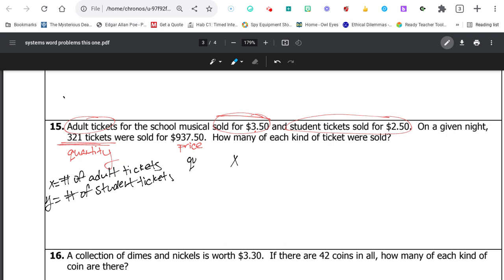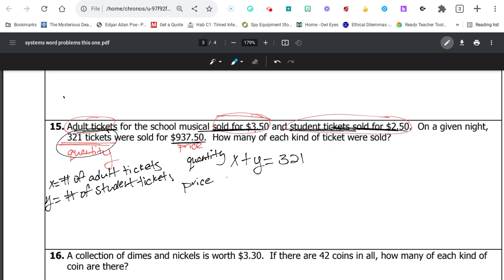And you're going to have a quantity equation. So I can see that 321 tickets were sold. So X plus Y would have to equal 321. And then as far as the price is concerned, it kind of broke it up. It put part of it here, all in one sentence, and then it threw the price down here in the other one, but it's still dealing with price.